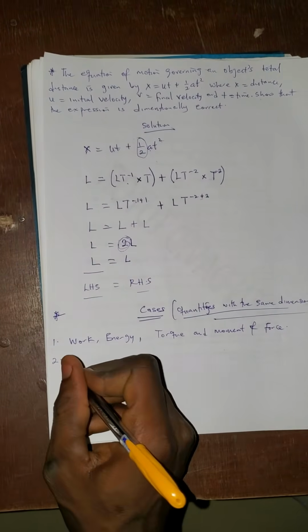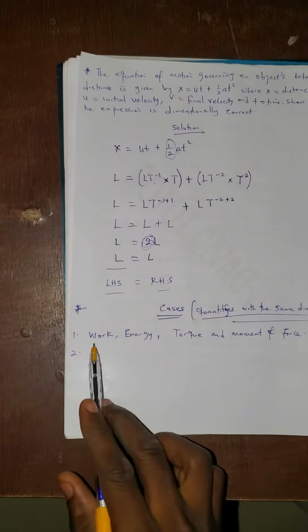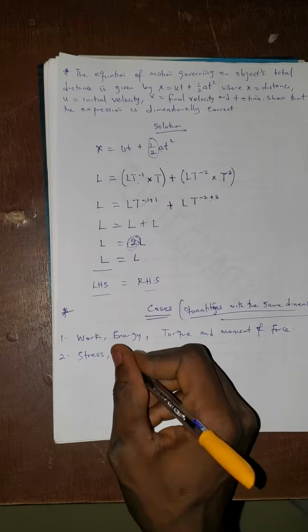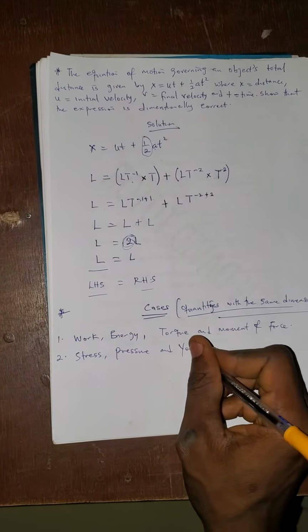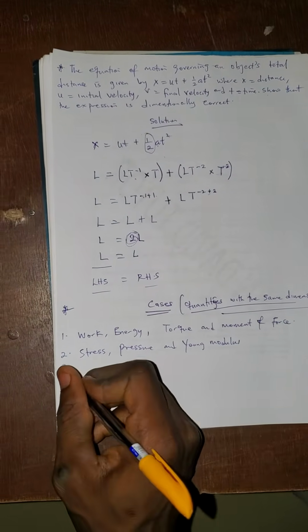Don't forget, work is measured in joules. Energy is also measured in joules. So all these have the same dimension. Another one is stress, pressure, and Young modulus. They also have the same dimension.